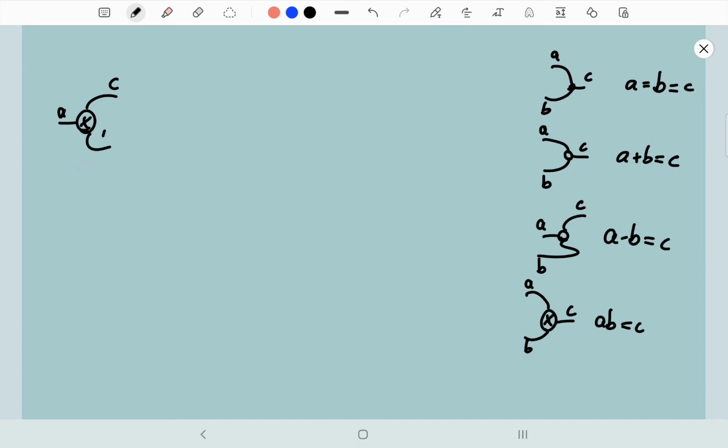Actually, let's not do that, just to be clear that direction doesn't matter. So this is BC equals A, and that's almost C equals A over B, right?